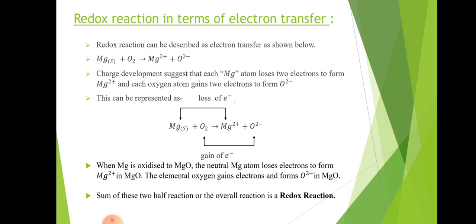Each of the above steps represents a half reaction which involves electron transfer, that is the loss of electron and the gain of electron. The sum of these two half reactions or overall reaction is a redox reaction.